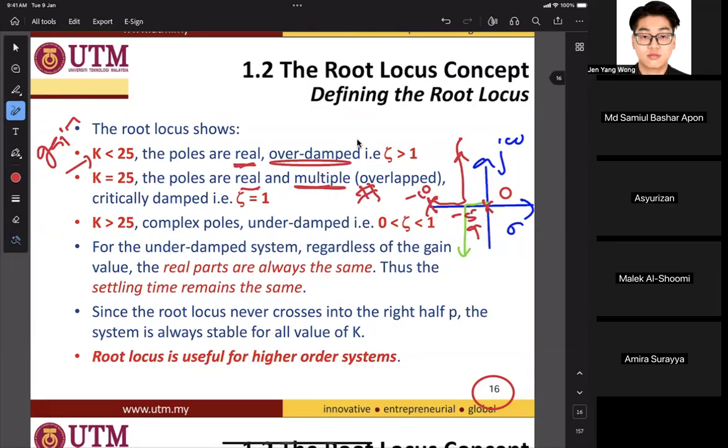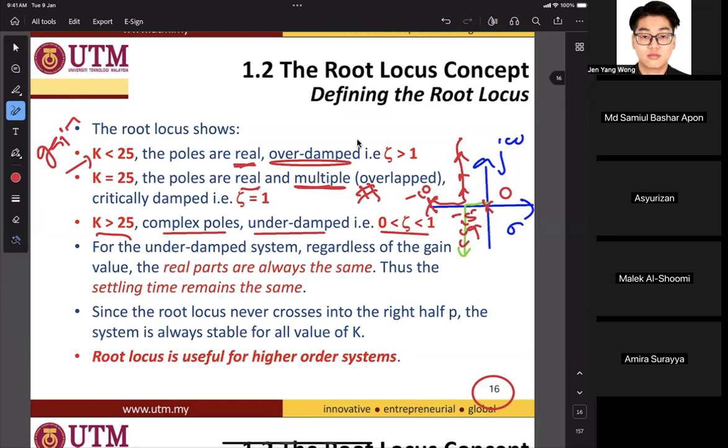But if k is greater than 25, the nature of the poles is complex poles, underdamped, which is between 0 and 1.